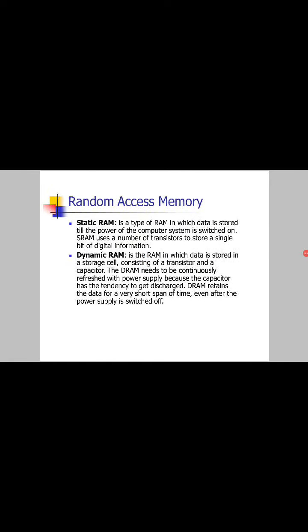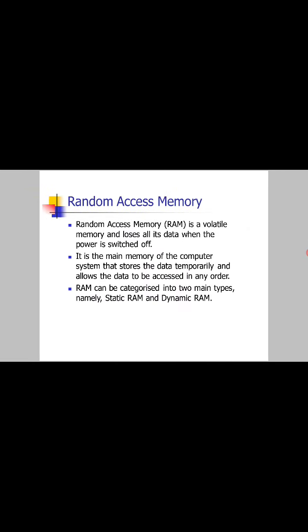As we already discussed, memories are of different types: primary memory and secondary memory. Primary memory is also called the main memory of a computer.